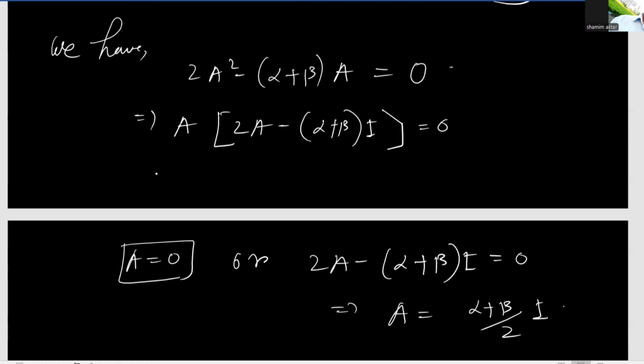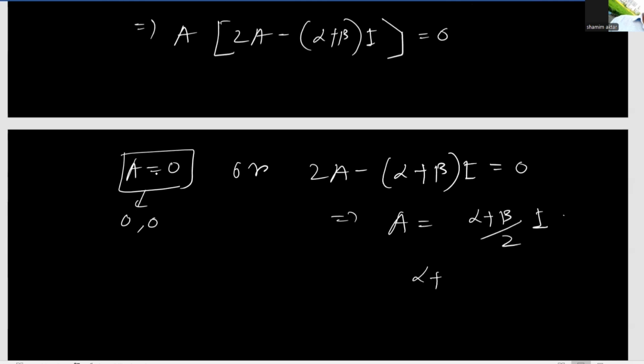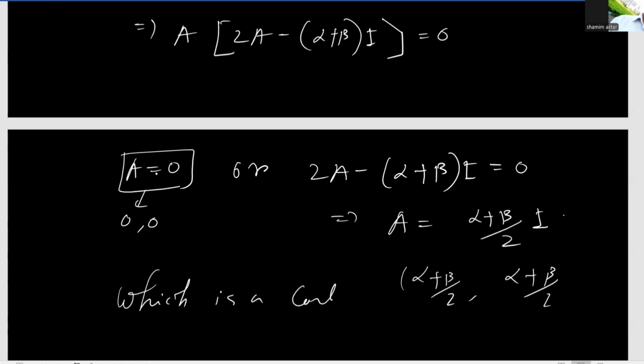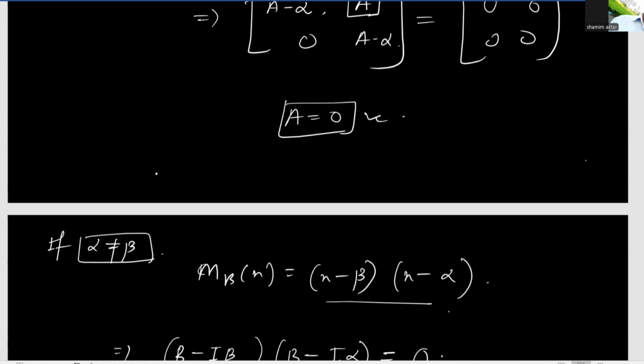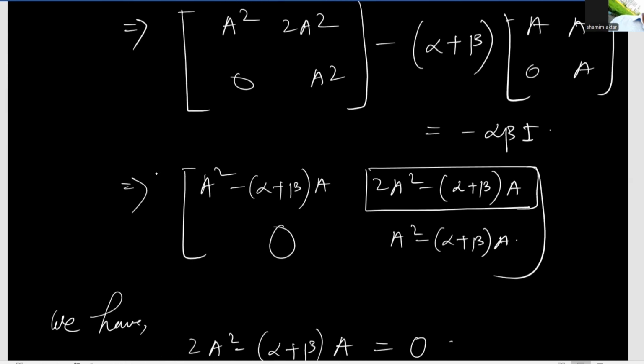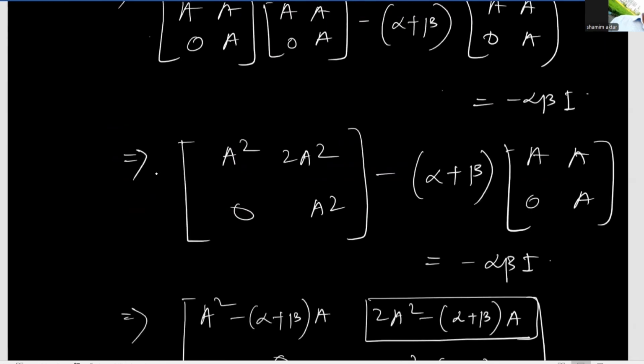In both cases, the eigenvalues of A are 0 and 0, or (alpha plus beta) by 2 and (alpha plus beta) by 2. In both cases the eigenvalues are equal, which is a contradiction, because we are given that the eigenvalues of A are not equal. So in this case it's not possible.